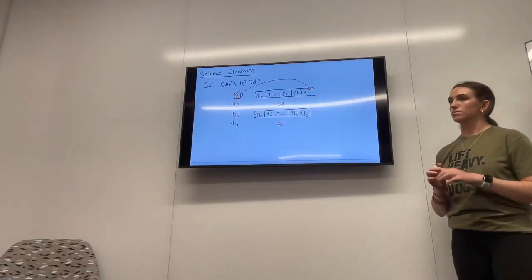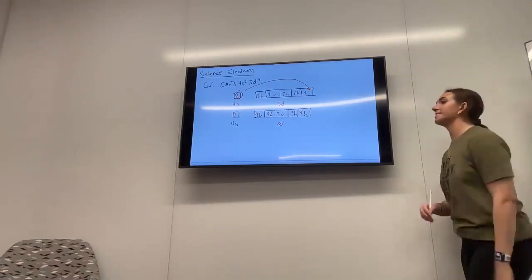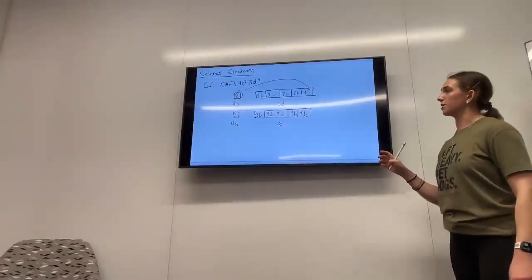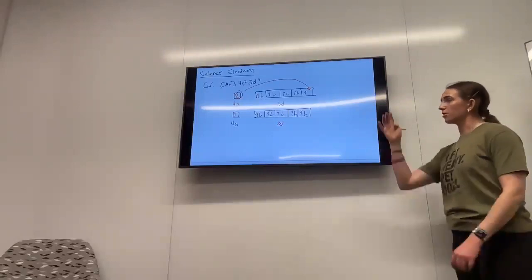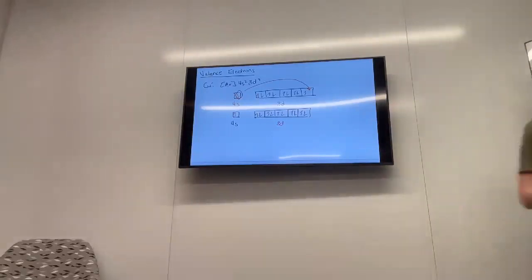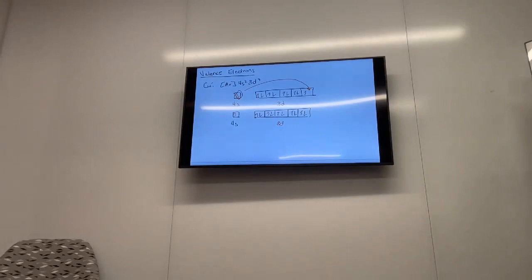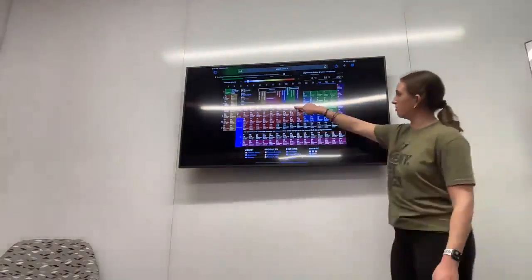Will this always be the case when there's just one missing? Yep, so this happens for your copper row or copper column, and then 1 more column. I didn't remember the other column it happens for. I'll pull it up. So anything in copper's row will be like that.